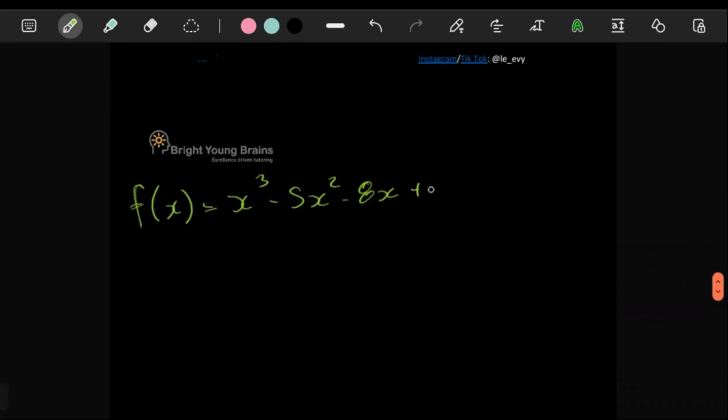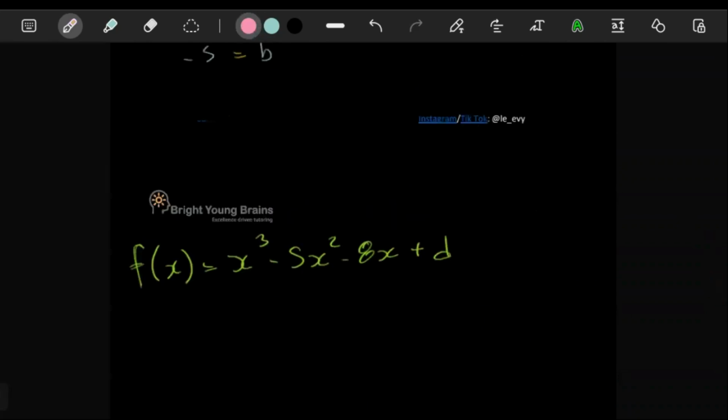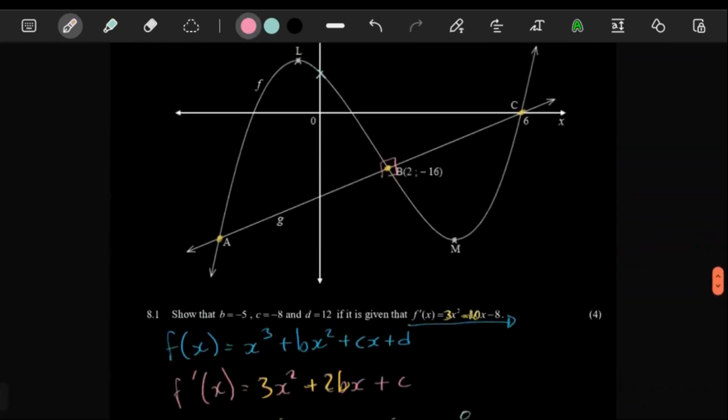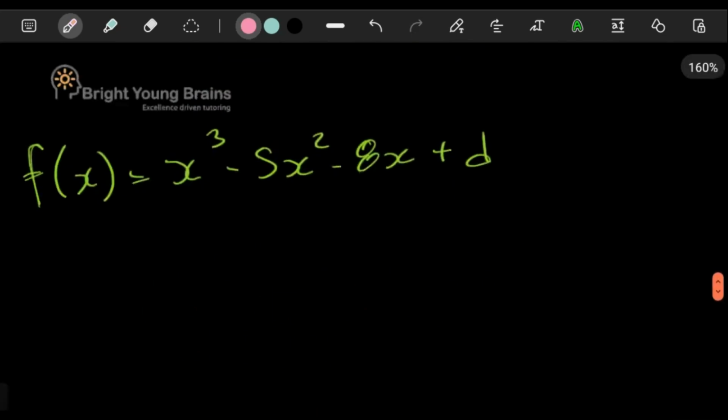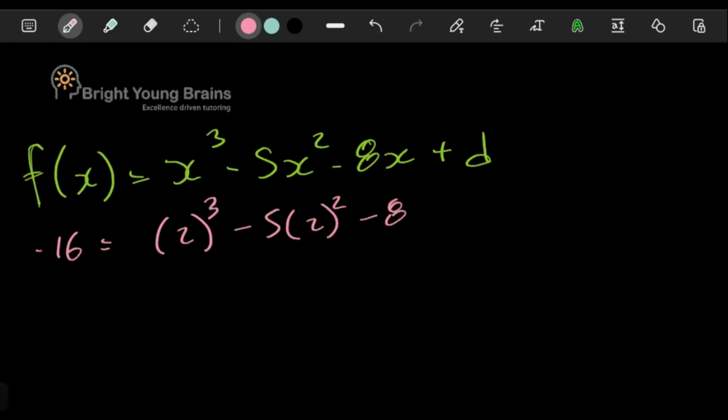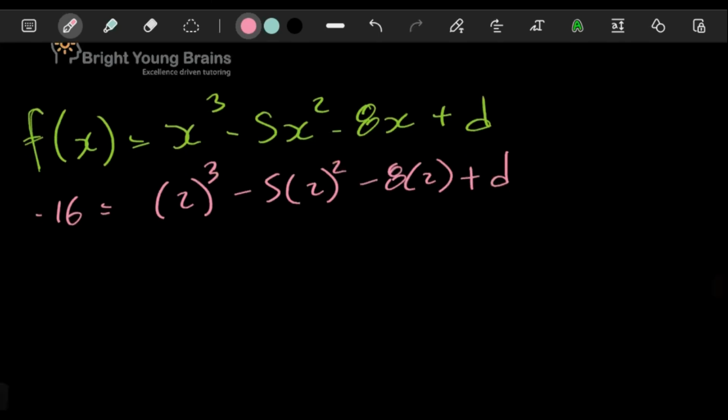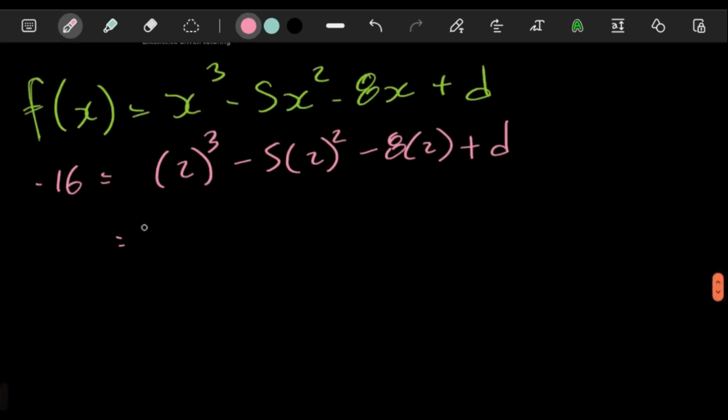So seeing it like this, let's just throw in a coordinate that the graph passes through, 2 and negative 16. So here this is negative 16, and then we have 2 over there. 2 cubed is 8, 2 squared is 4, so that's 4 times 5, that's 20, and then 16.